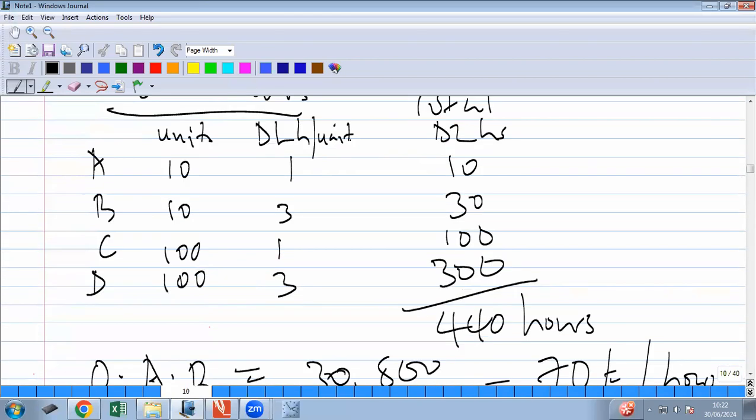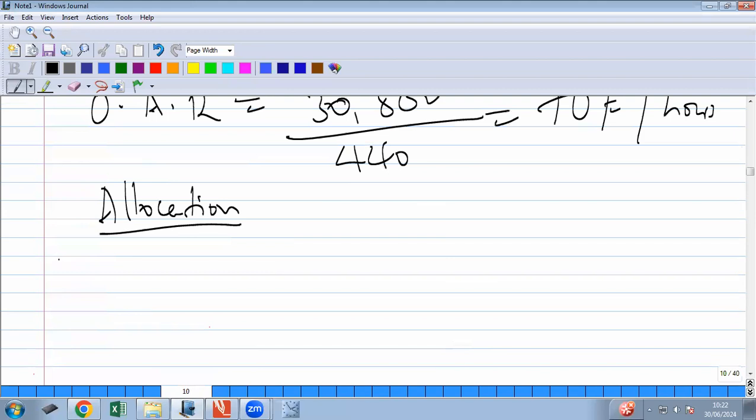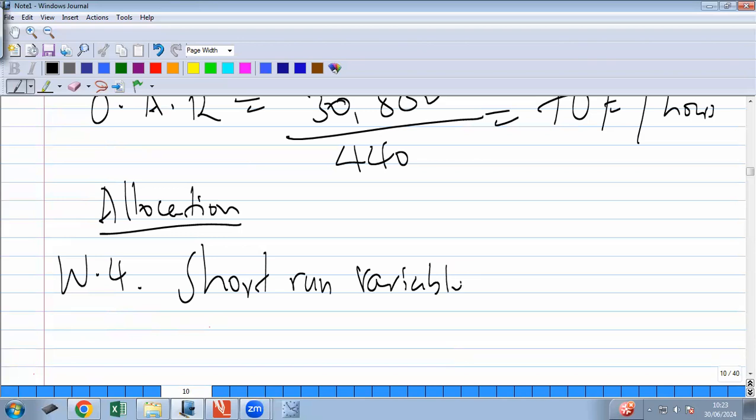Then we can say in working number 4, or you can just continue without naming them, but someone will be able to trace. The purpose of naming is just for someone to be able to know that you're getting this from here. Working 4 now, we can go to short run variable costs, right?